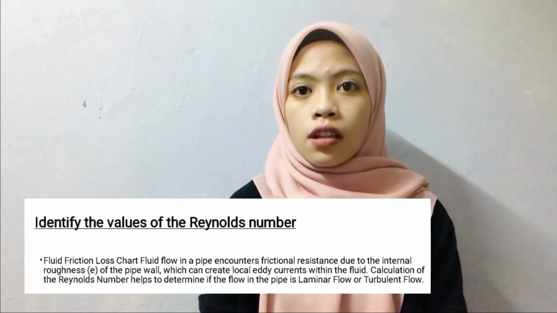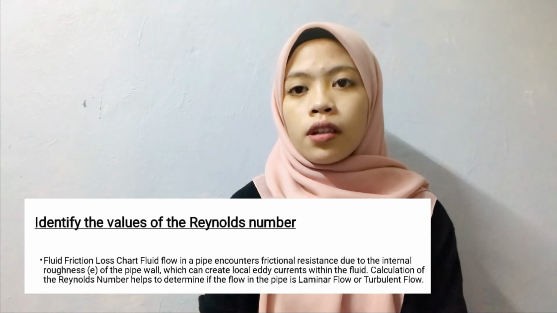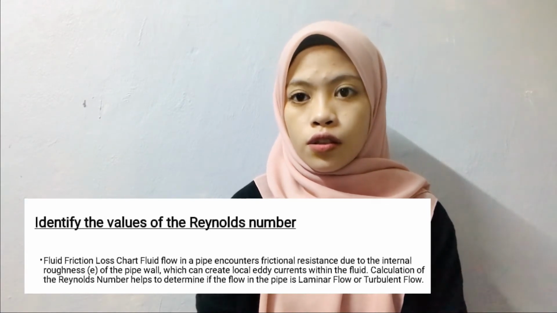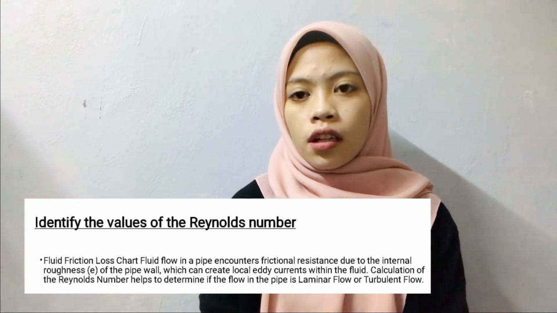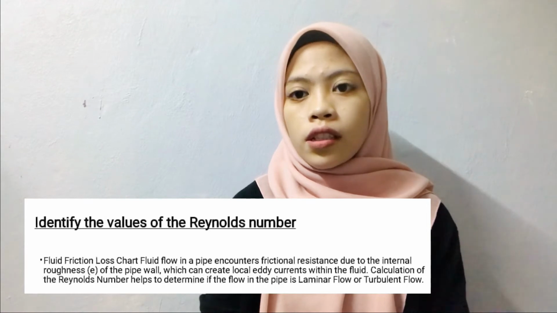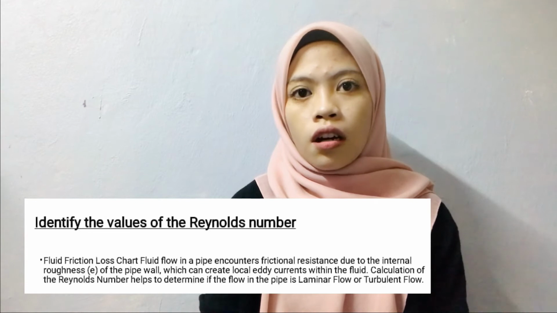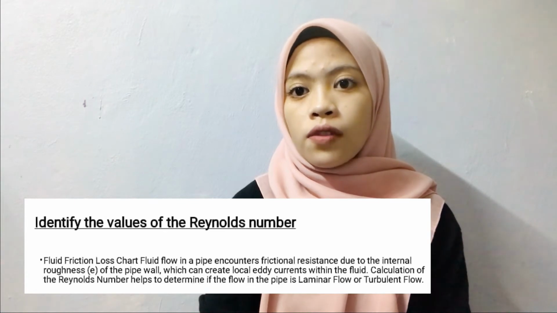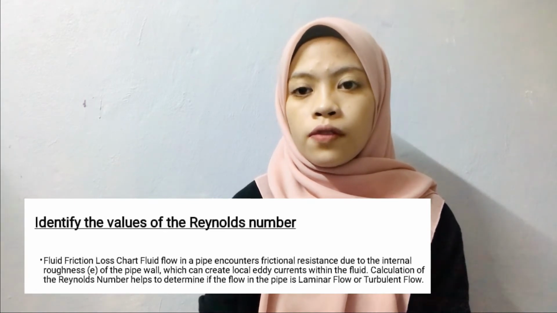Fluid friction loss chart. Fluid flow in a pipe encounters frictional resistance due to the internal roughness of the pipe wall, which can create local eddy currents within the fluid. Calculation of the Reynolds number helps to determine if the flow in the pipe is laminar flow or turbulent flow.